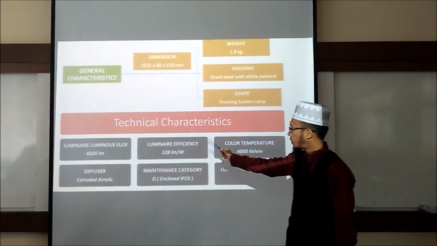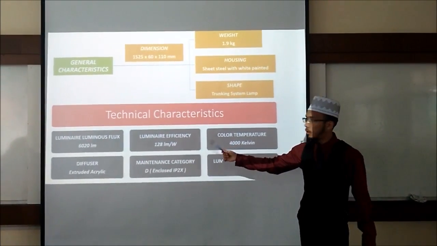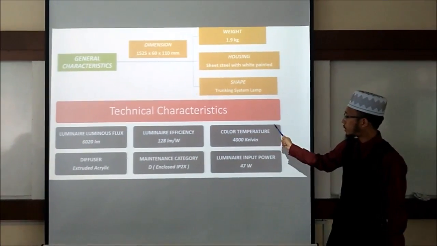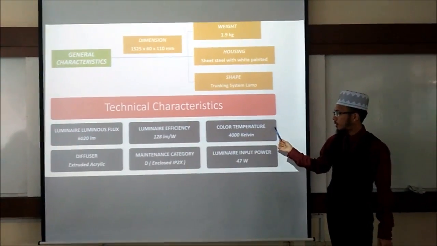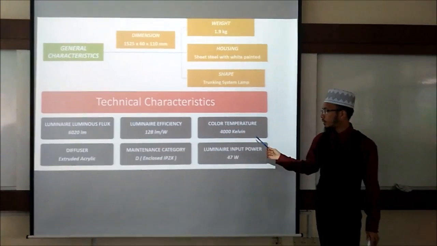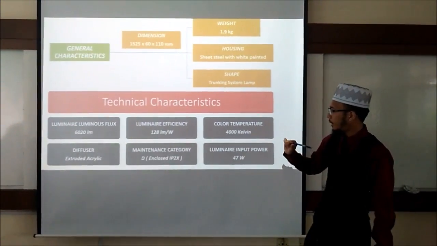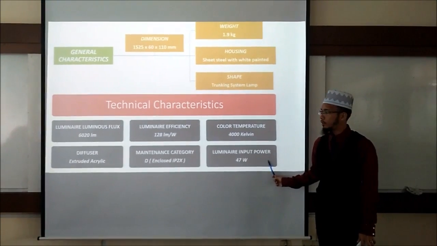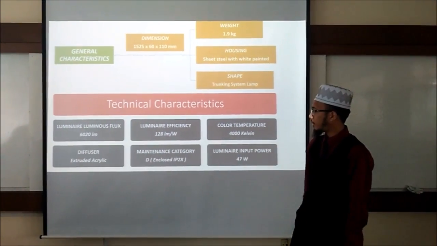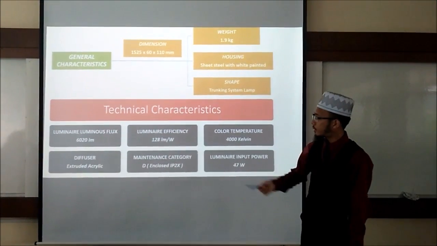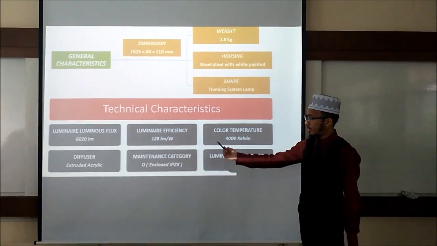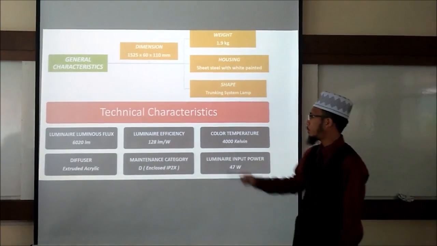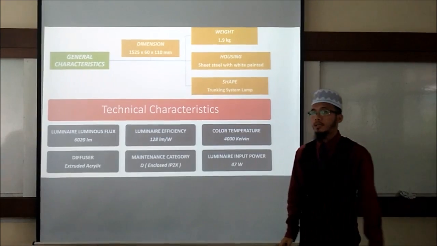Then luminaire efficiency is 128 lumens per watt, and it emits a temperature of around 4000 Kelvin. The most important one is the luminaire input, which is 47 volts, and its maintenance category is different from our bulbs. It is categorized as enclosed IP2X.